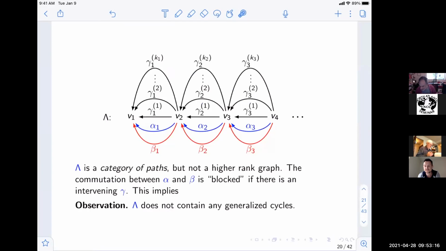But let's see, what the idea here is that if you have, say, 2 paths between V1 and V3 that are different, okay? Then if you follow one of them with gamma 3, nothing that comes after that can possibly affect what you did before.